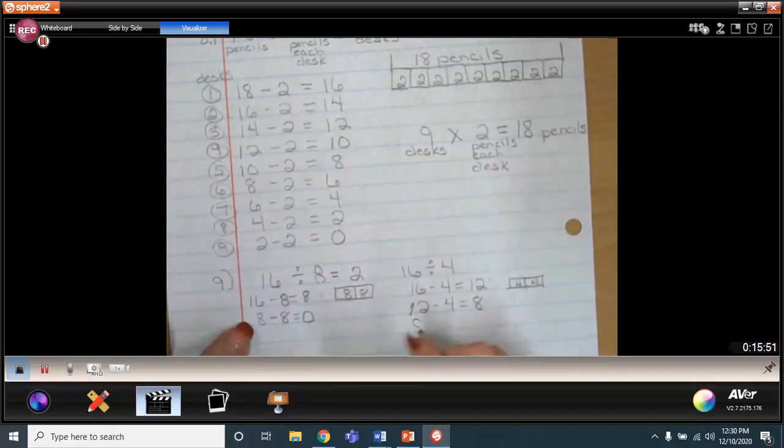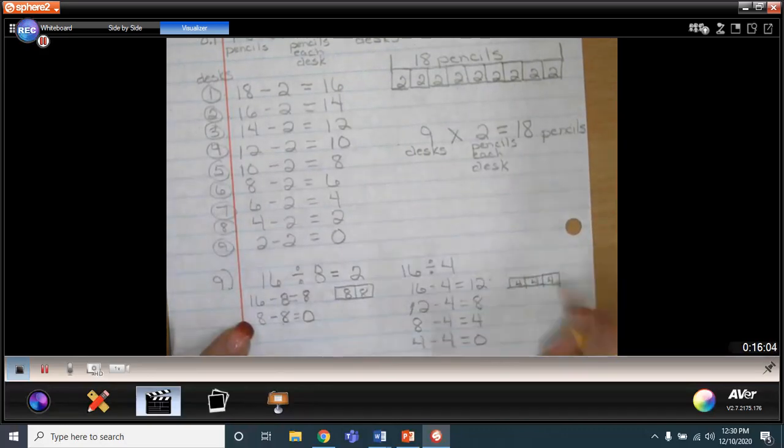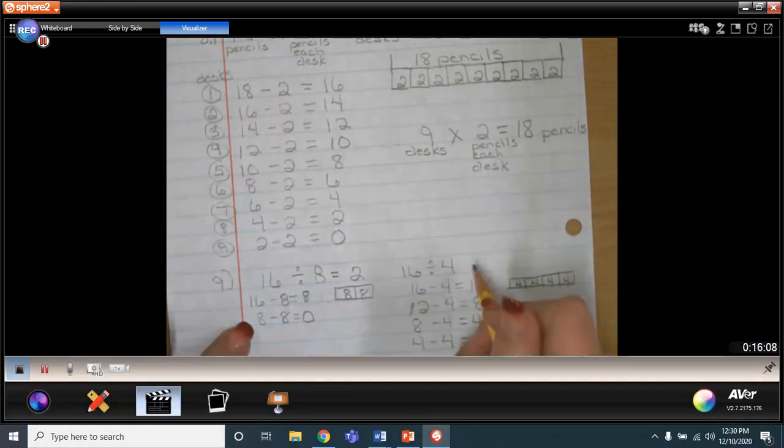I'm going to take 8, put 4 more on a shelf. Now he's at 4. And finally 4 minus 4. Now I'm at 0 planes. He has 4 shelves with 4 planes on each shelf.